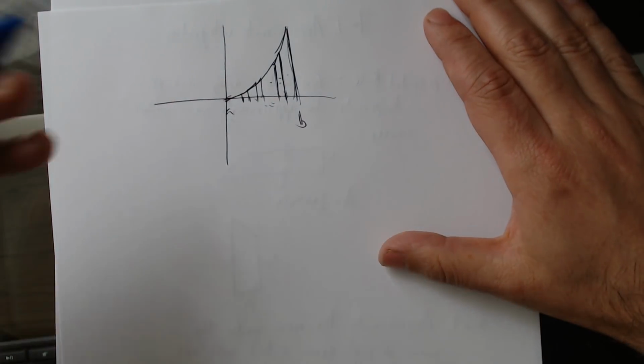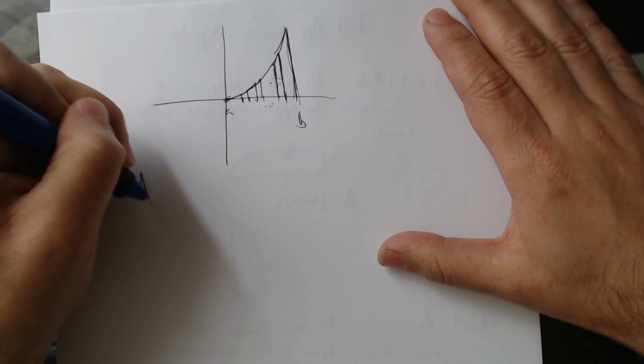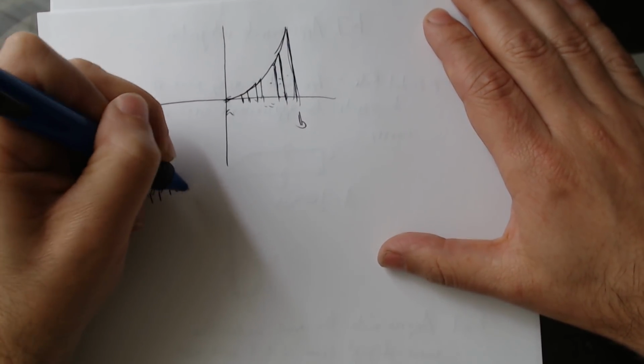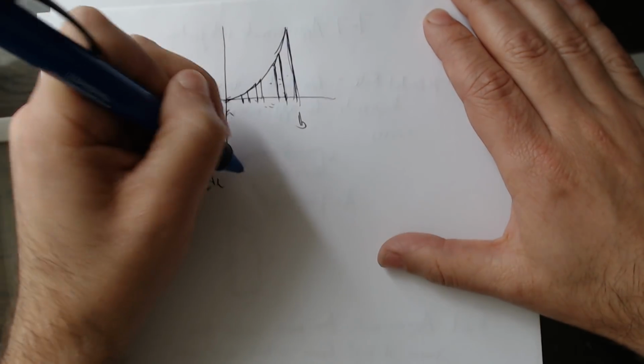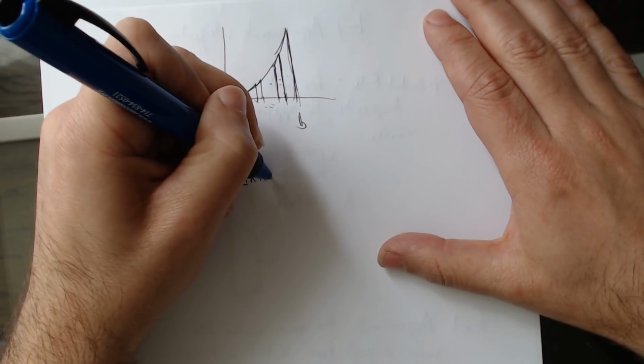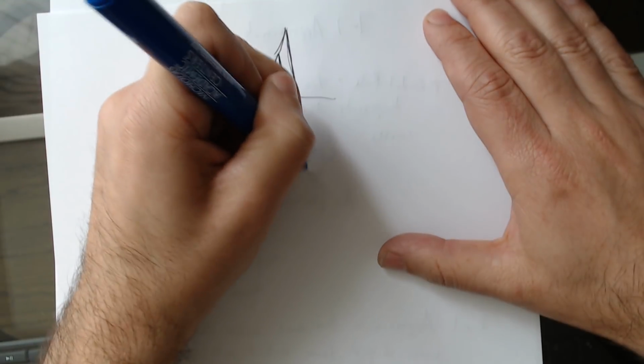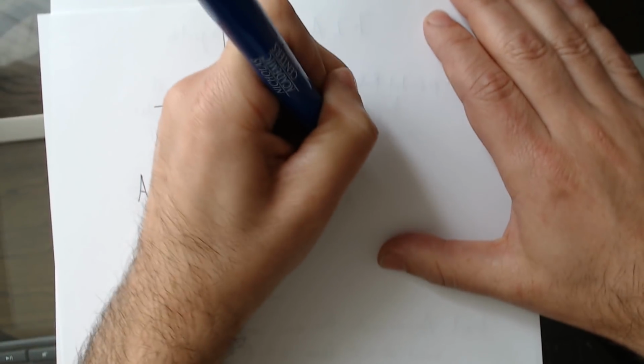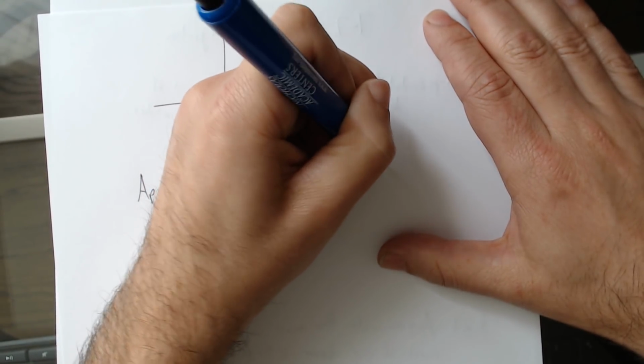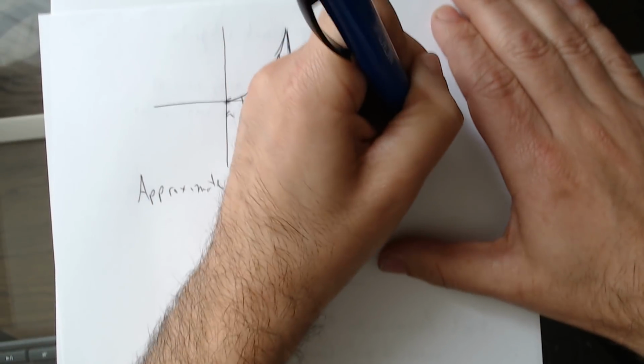So basically, we could say approximate the integral using the trapezoidal rule.